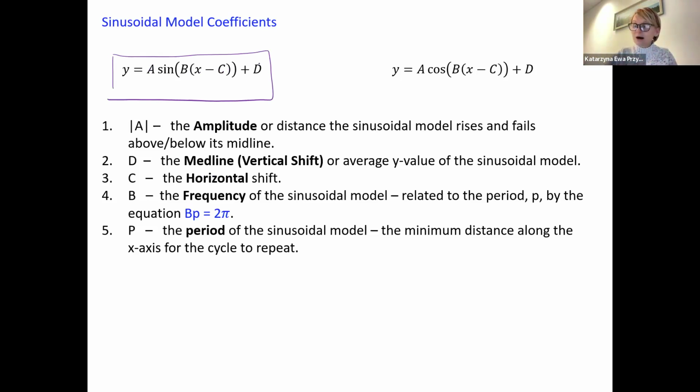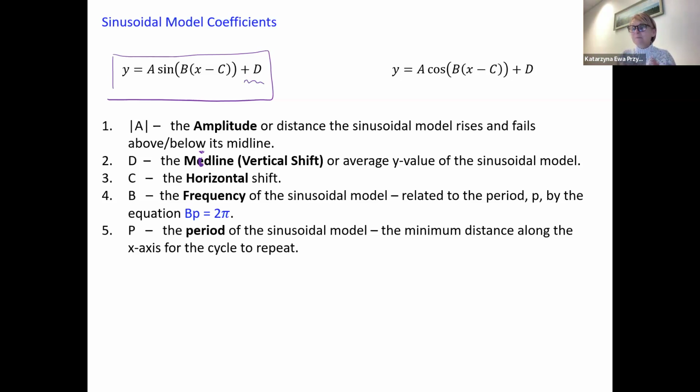When we subtract or add a quantity to the entire function, like plus d, this is the vertical shift. It's actually, oh, supposed to be midline. Because we're shifting the midline, that means this also represents the midline. But it's definitely the vertical shift. Yes, vertical shift is the easiest.